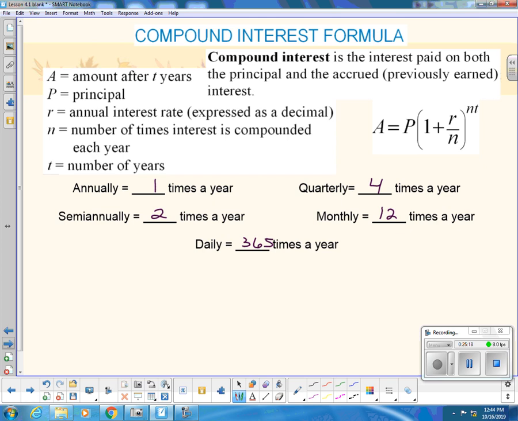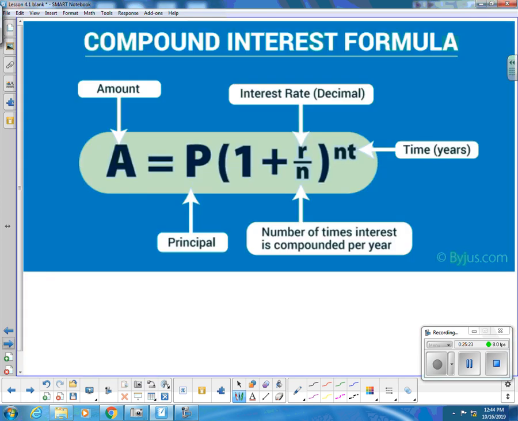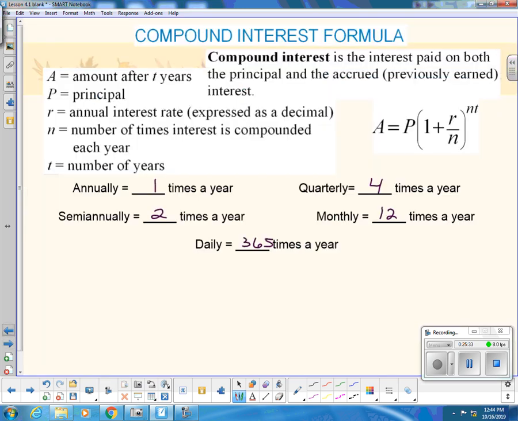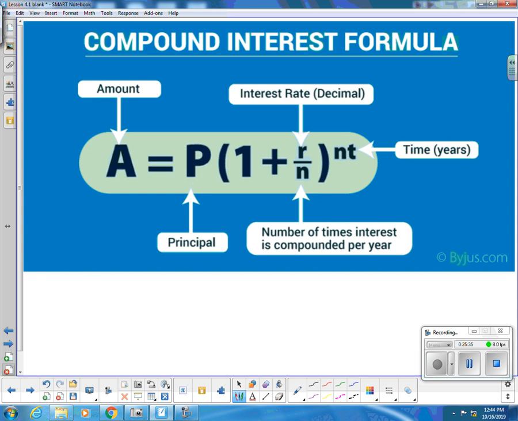So let's try a couple questions here. I guess I lied. I'm going to do this one. Compound interest. If it's compounded continuously, that's the same formula. Never mind. I meant to erase this. Watch this. There's the formula.